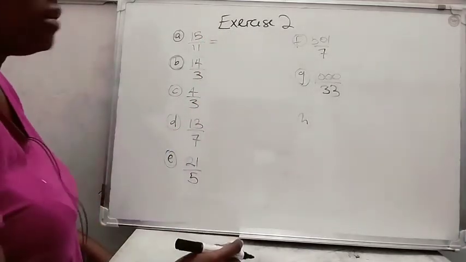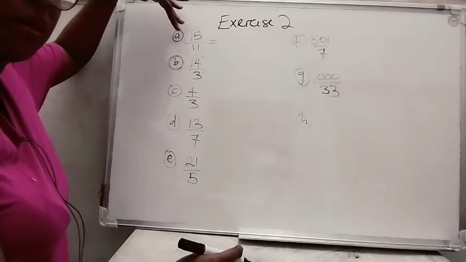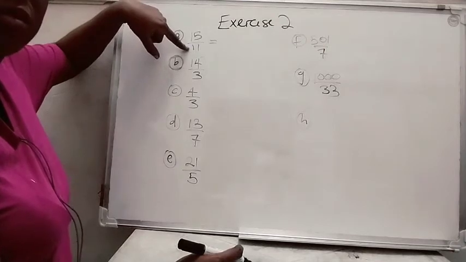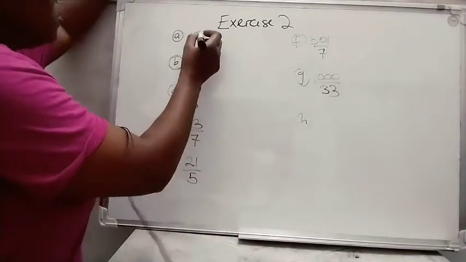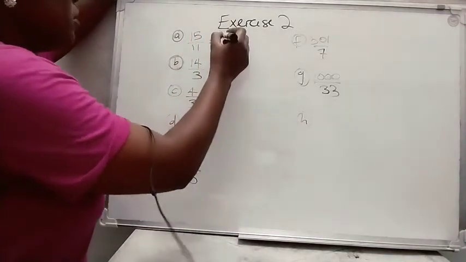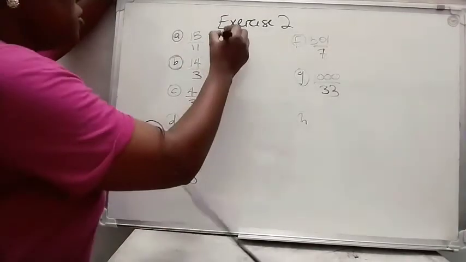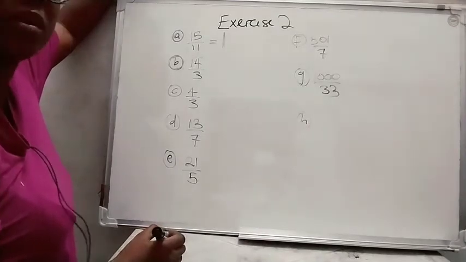The format is the numerator, which is a greater number, divided by the denominator, which is 15 divided by 11, which will give us one whole number.